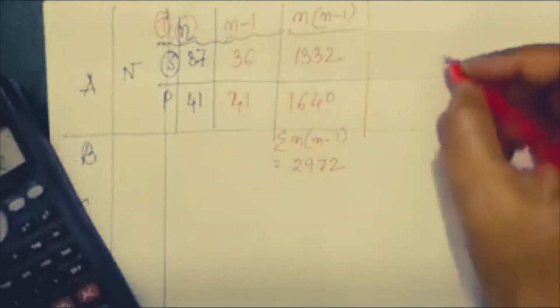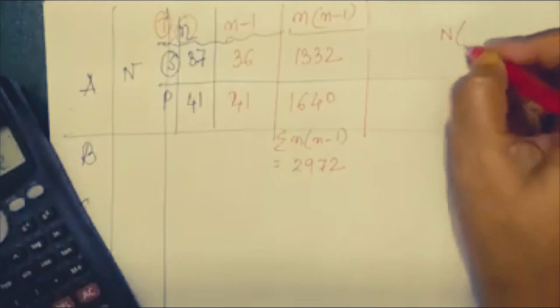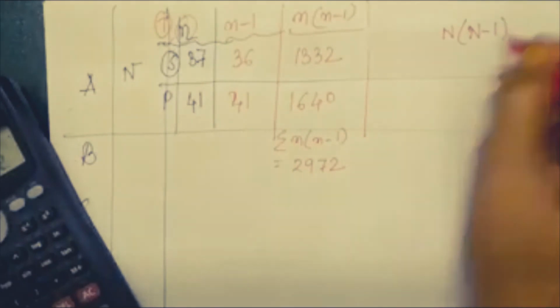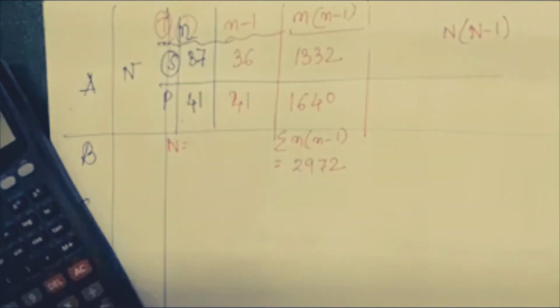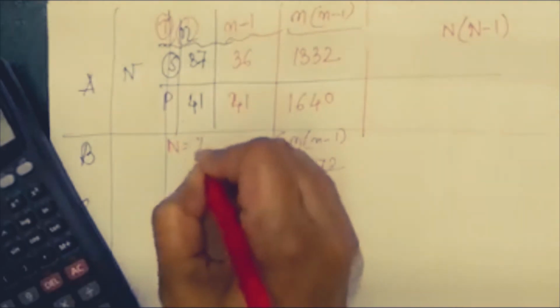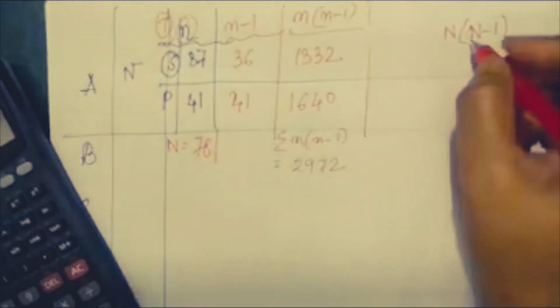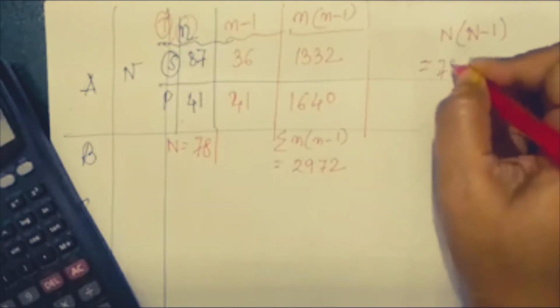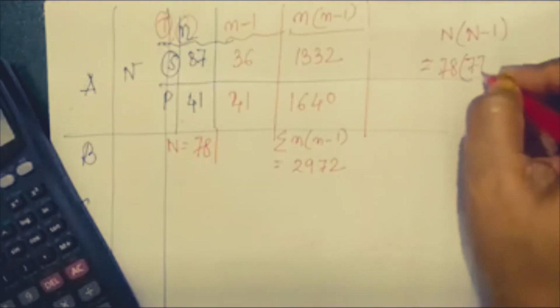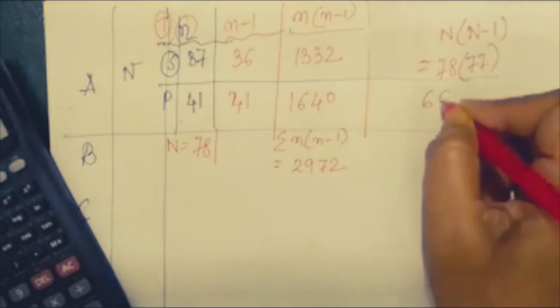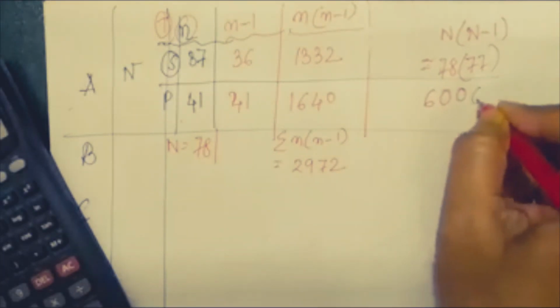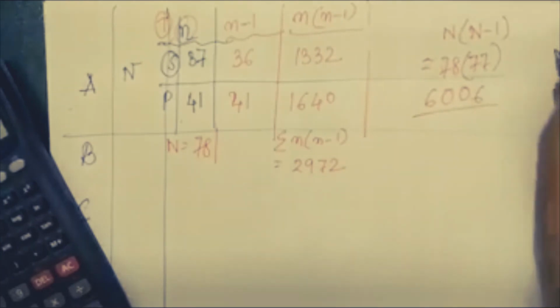And then calculate the value for capital N into N minus 1. Total N is 37 plus 41, that is 78. So the value is 78 minus 1, that is 77. So multiply all these things. The value is 6006.